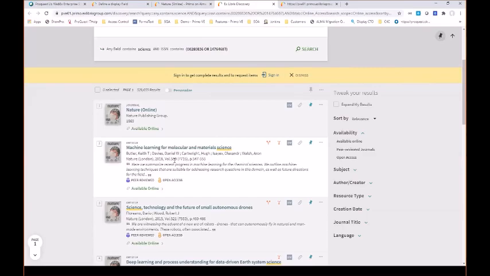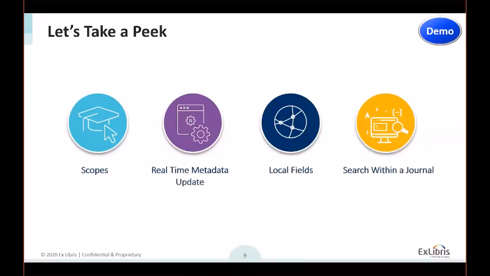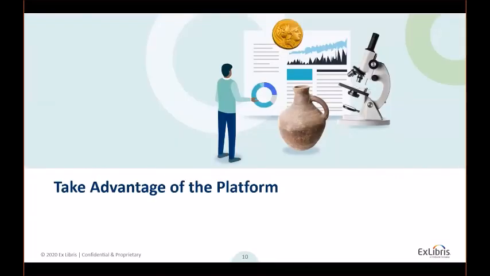As a continuation of the demo, where we saw how the configuration is simple because of the platform, I want to show you some nice features that could be enabled in the system because Primo VE is on the platform.